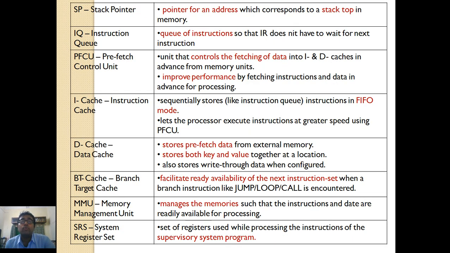Stack pointer holds an address which corresponds to the stack top in memory. It means the stack pointer points to the top of the stack. It indicates the address of the data that's stored at the top of the stack.